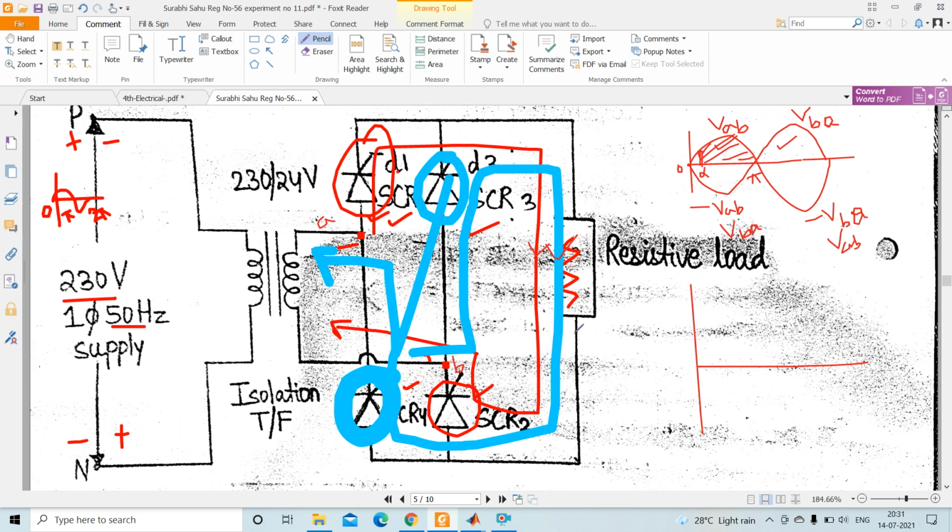In the next half cycle, when you give the gate pulse for thyristors 3 and 4, the angle is pi plus alpha, and from this angle you get the output in this area. So your final output waveform is like this.